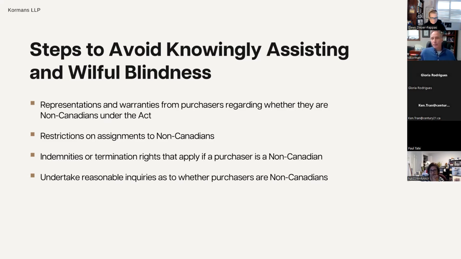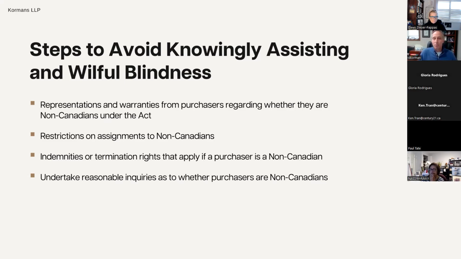If you're on the seller's side, okay, I'm selling this property. I've got 3 potential buyers putting in offers. Wouldn't you want to do a little bit of due diligence to figure out, from these buyers, are you all Canadians? Are you allowed to buy this property?